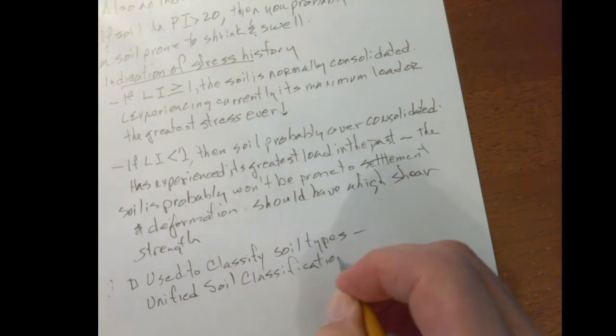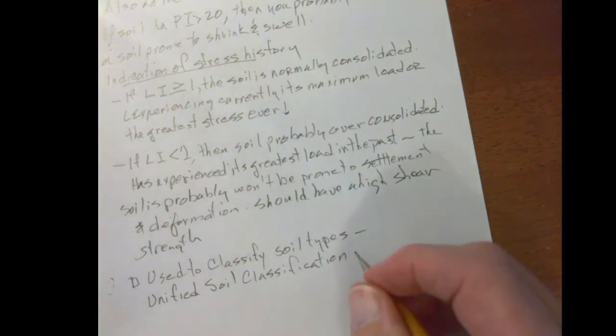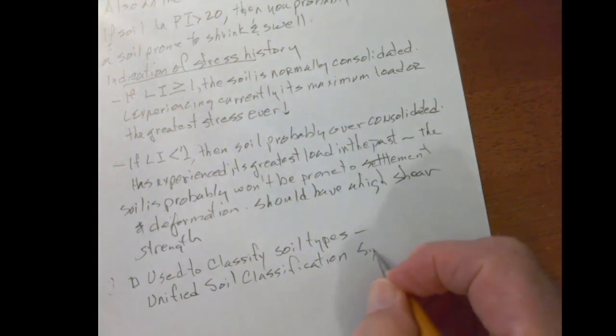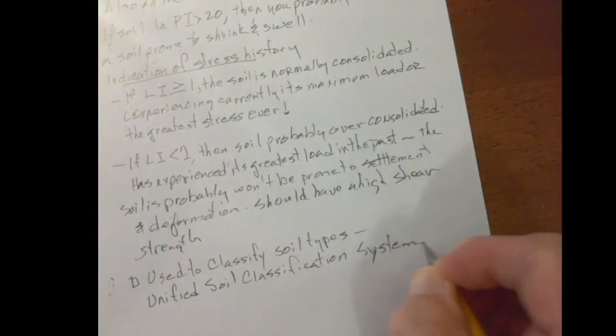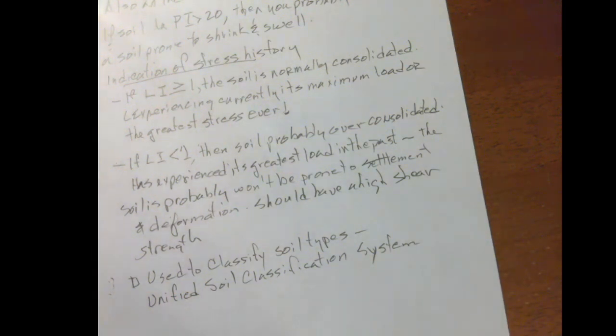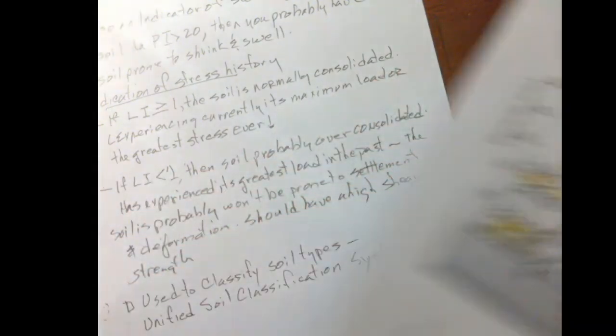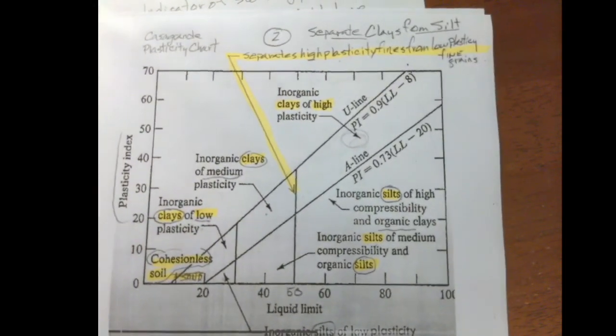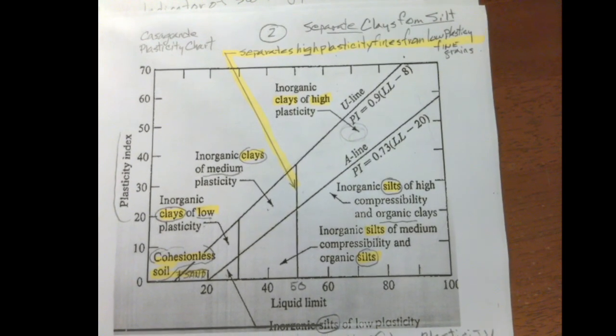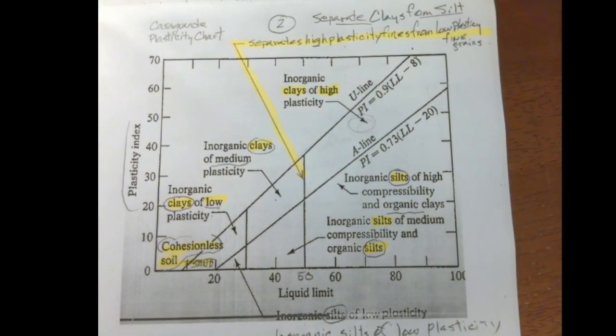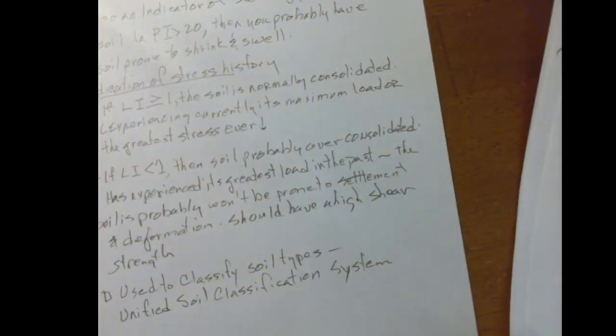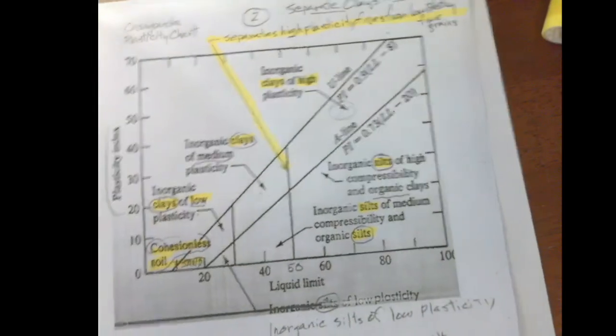I said we're doing now, but we hadn't quite gotten to the unified classification system, but we will. This is used under the unified soil system to separate clays, silts, and then there's another parameter to coarse grain and fine sands, etc. So that's it.